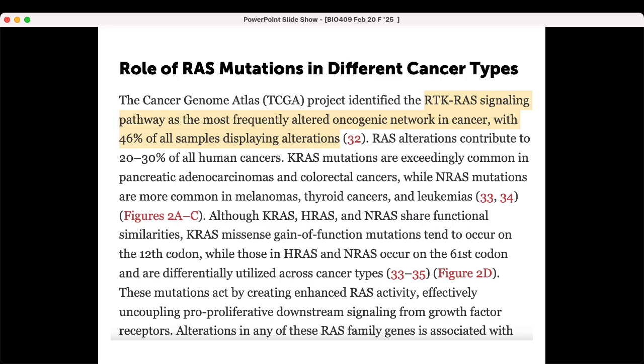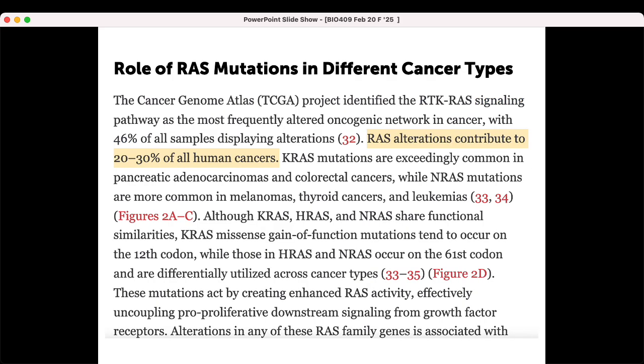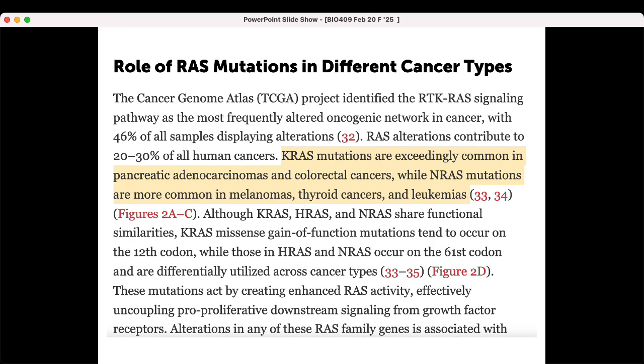Good choice because it's so important also, not just in cancer, but our normal health, and also because it's such a good thing to learn as an example. So it says that the pathway, and then we'll just scroll forward some of these highlighted sentences I have. So RAS, actual mutations in the RAS gene, contributing to almost a third of all human cancers, people will say. Then they're saying KRAS, and I mentioned before that the RAS gene is a member of a 3-gene family, and we do not care about that.